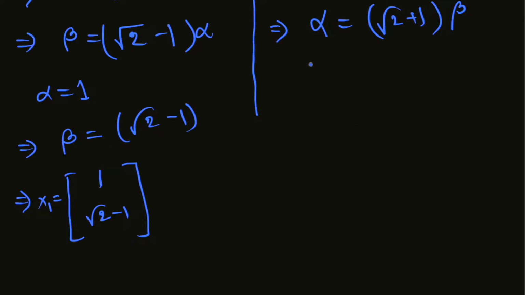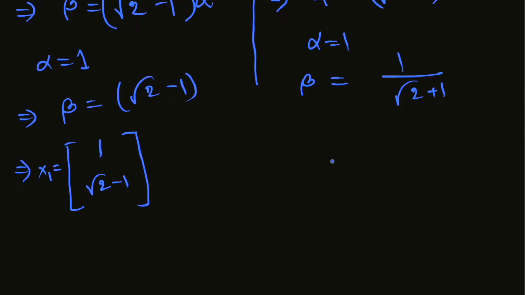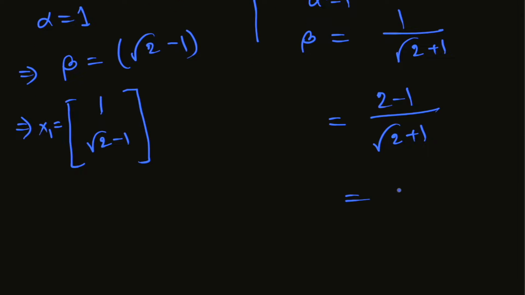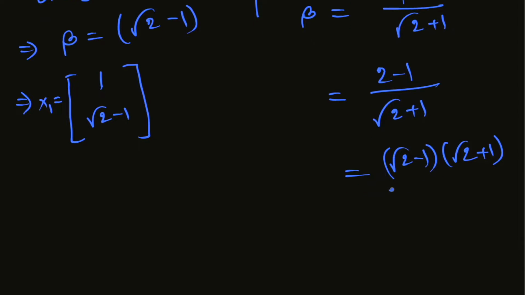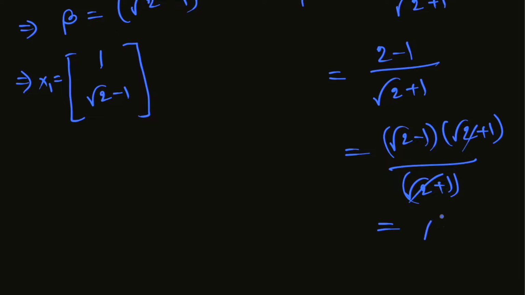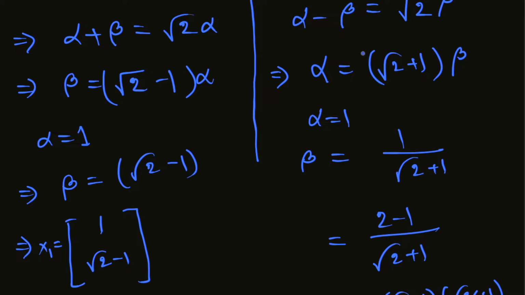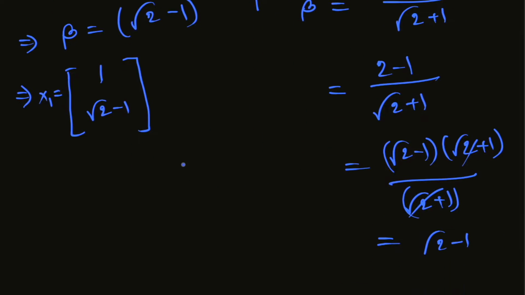If we put alpha equal to 1, beta equals 1 over (root 2 plus 1), which is (root 2 minus 1)(root 2 plus 1) over (root 2 plus 1), that means root 2 minus 1. From this equation we also get the same x1 equal to (1, root 2 minus 1).